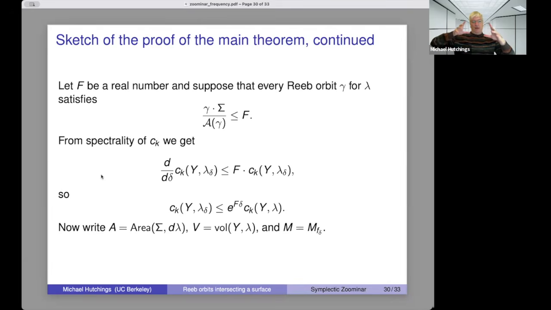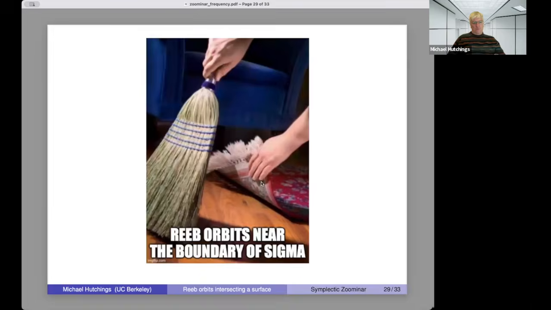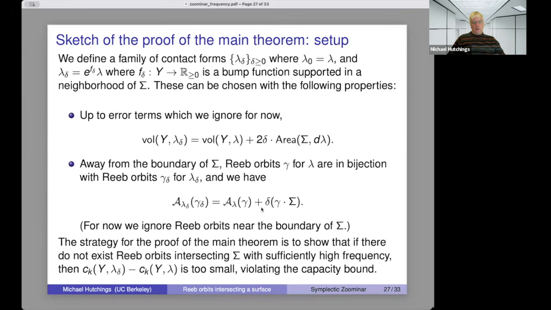So if you imagine that this capacity is carried by the same set of Reeb orbits, or spectral invariants, sorry, then as I change the contact form, the derivative of the spectral invariant is just the derivative of the action of that finite set of Reeb orbits. Now, from this previous equation here, the action of a Reeb orbit is increasing.